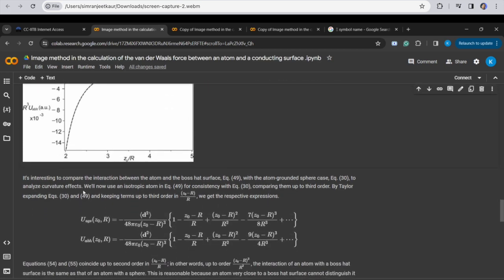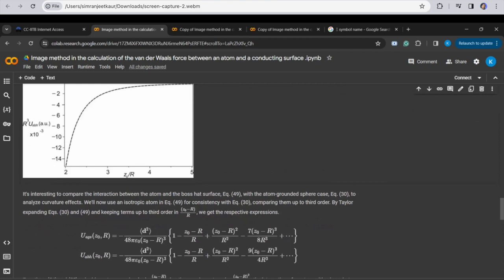It is interesting to compare the interaction between the atom and the Bose head with the atom grounded sphere case to analyze the curvature effect. We will now use the isotropic atom for consistency with equation 30, comparing them up to the third order.